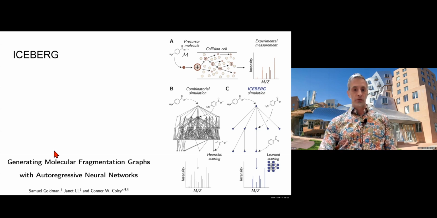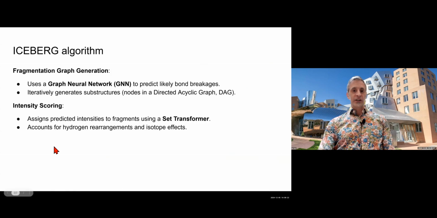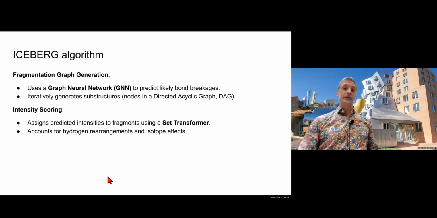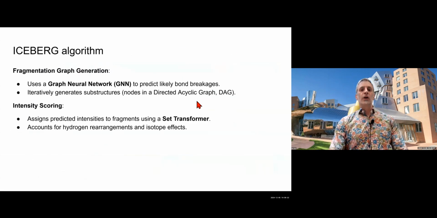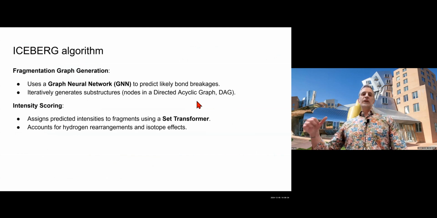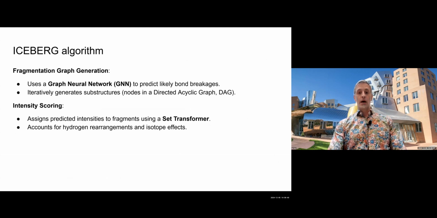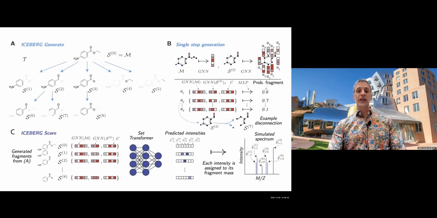And relevant to this class, it's using a lot of the machine learning methods that we've talked about. In particular, it's using transformers. It's also using graph neural networks. And it's using a particular type of transformer that we haven't talked about, but I think is pretty interesting and worth thinking about.